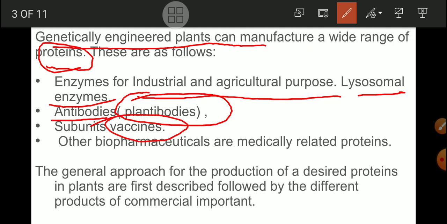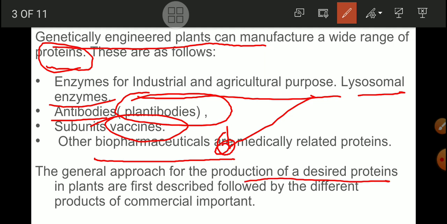Vaccines, other biopharmaceuticals or medically related proteins. So the general approach for the production of desired proteins in the plant is first described, followed by the different products of commercial importance.